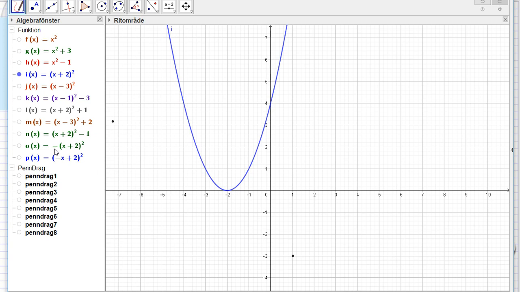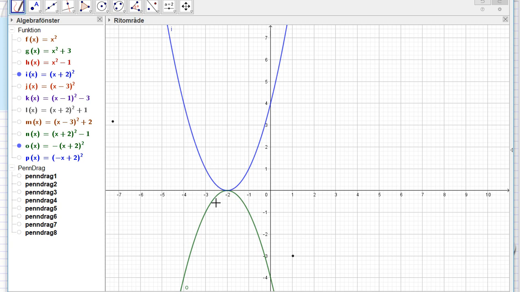What happens if I put a negative outside the parentheses? Let's see. As you can see, it reflects the function f of x, the blue one, with the x-axis.